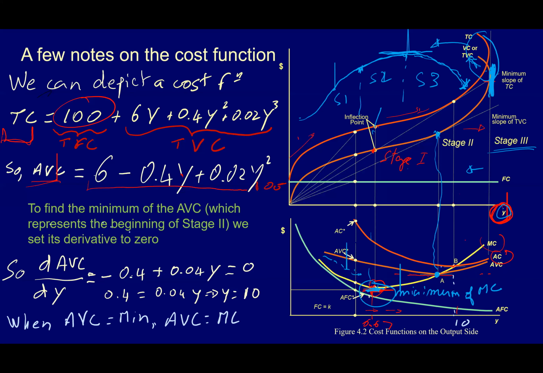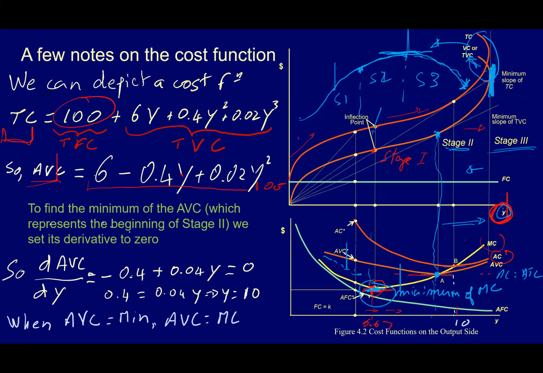I'm talking about revenue, which is not in this chapter. So marginal cost equals average total cost. At that level, we have the beginning of stage 2, all the way down to stage 3, of course.